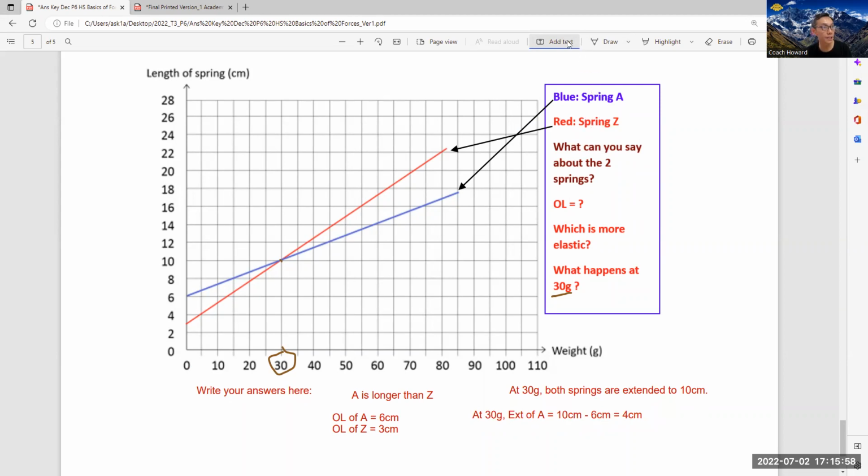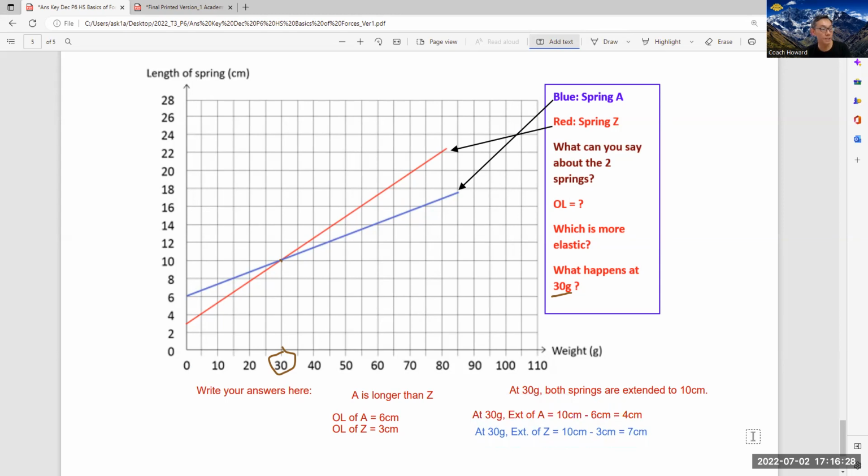Then I use another color. Now the other one. So at 30 gram, extension of Z equals to, Z is the red one, 10 cm minus the original one, 3 cm, equals to 7 cm.